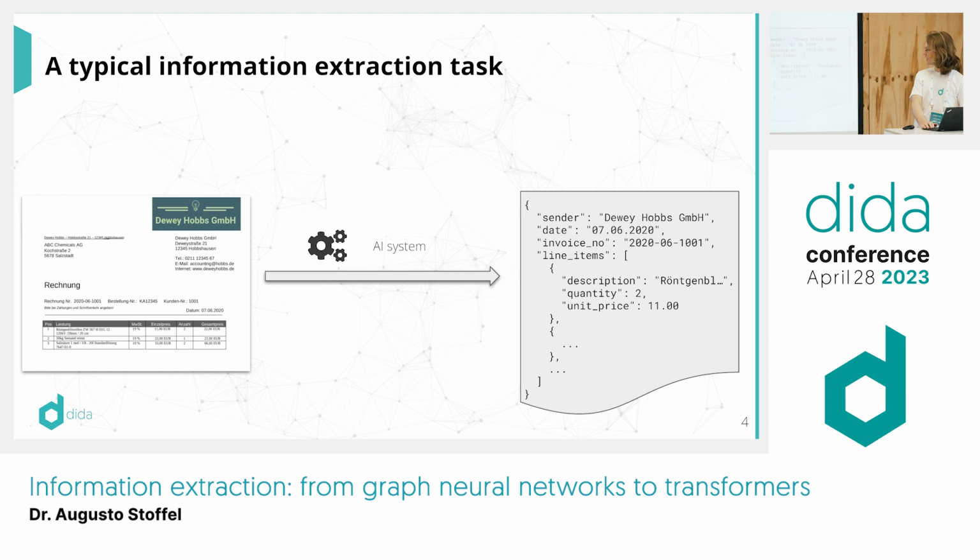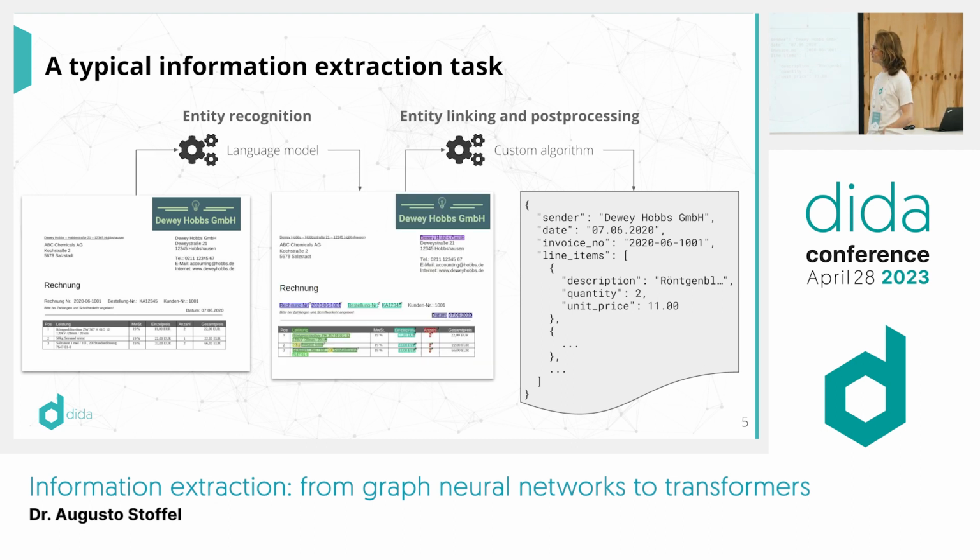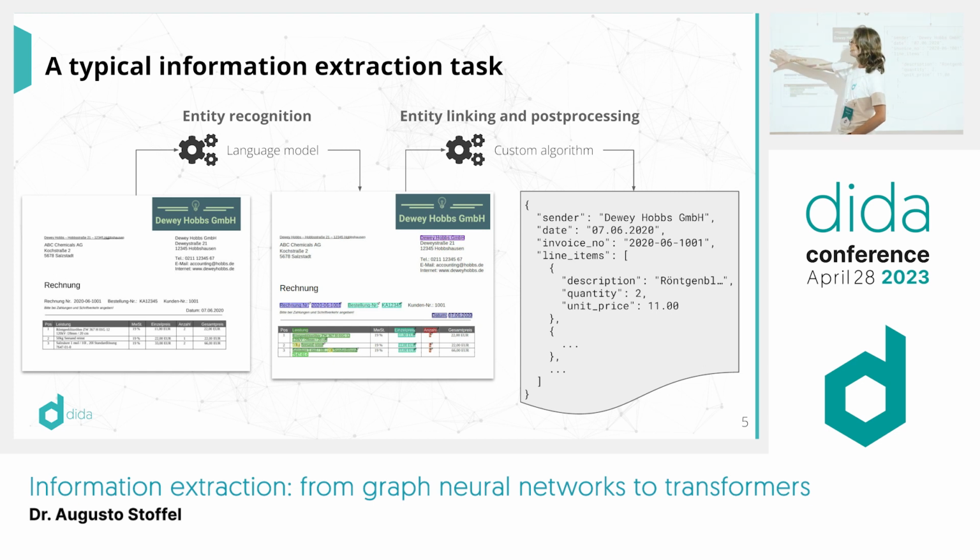To give an insight into how such an AI system works, there is this important intermediate step where you identify in your document which words are interesting and what they tell you. Our AI system, or our language model, would take a document and say, okay, here we find some sender name, this here is an invoice number, here is a date, this column here is giving us quantities.